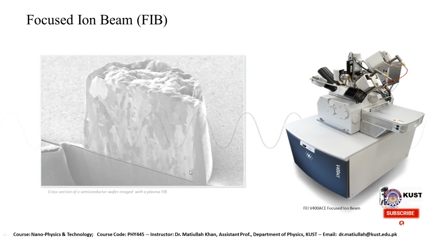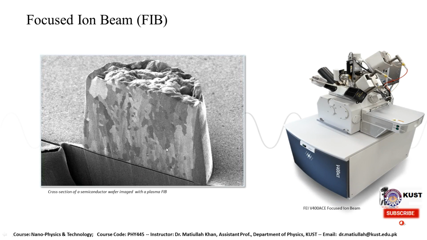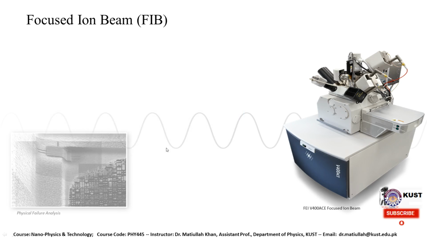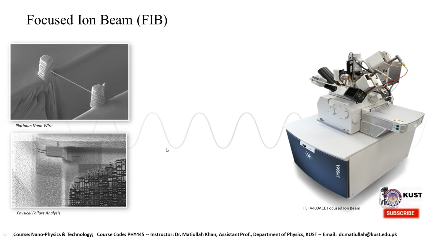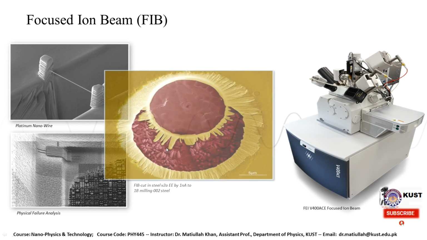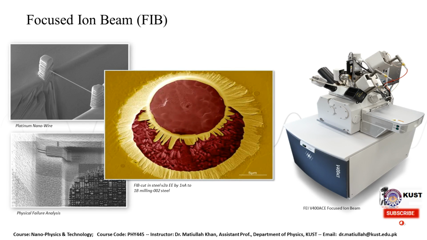This is an image of a wafer with a plasma FIB, and some other images of physical failure analysis. We can find out the cracks and the microstructure of the sample with the help of this system. Once we find the crack, we can find out the hardness and strength, and estimate some of the other mechanical properties of the samples.